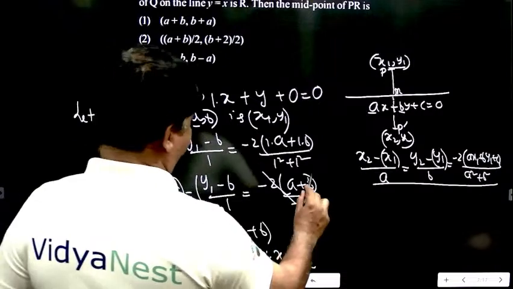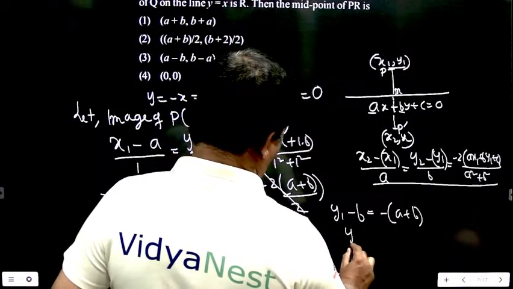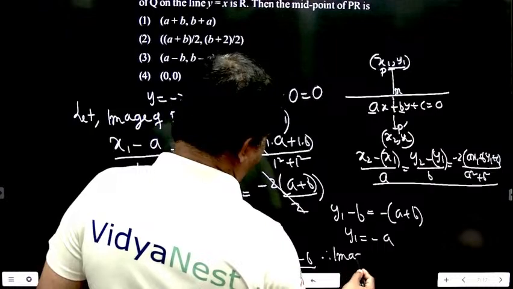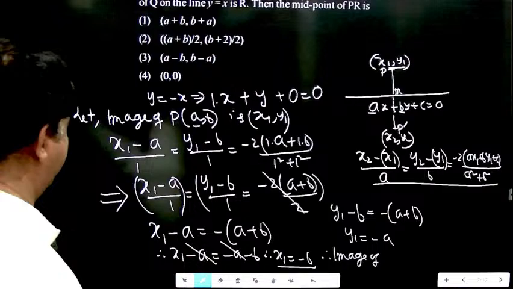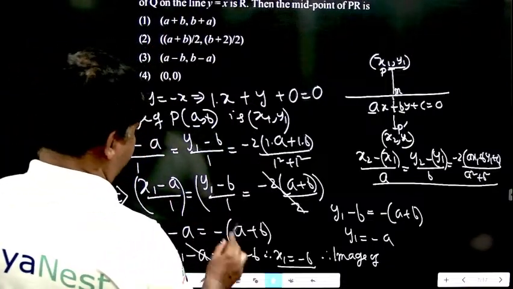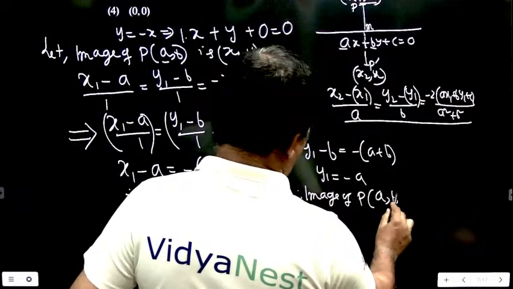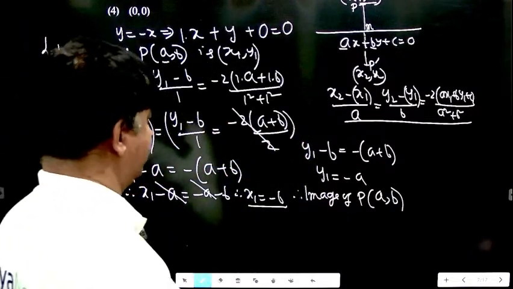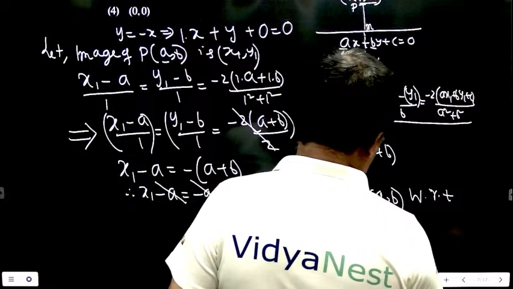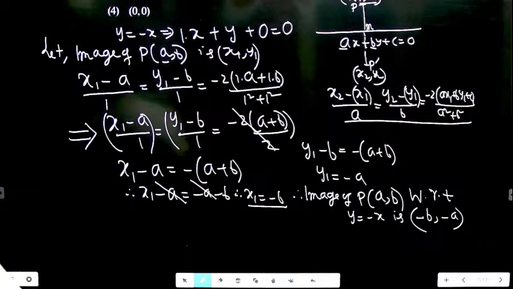And if I equate this one, therefore the image of AB with respect to y is equal to minus x is minus b, minus a. Tell me, up to this stage, is it clear to you?